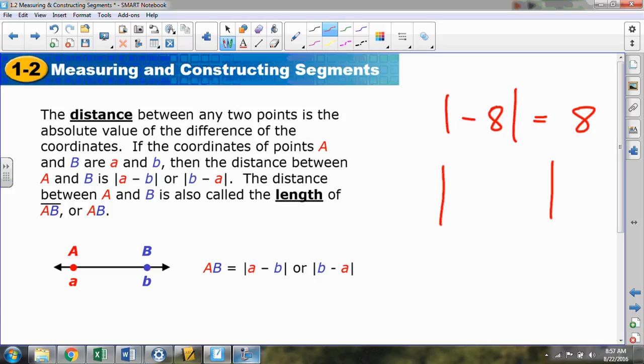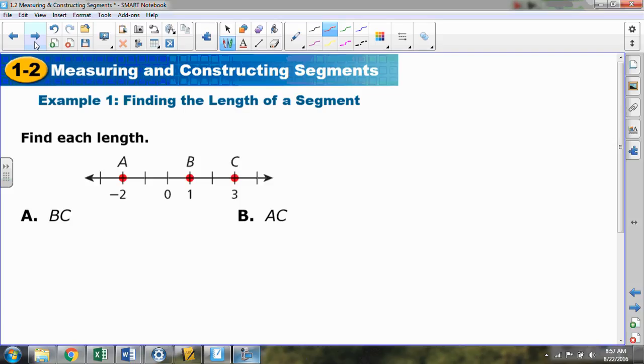Our advantage there is it doesn't matter if we wind up having a positive or a negative answer. When we're crunching our numbers, we know that distance has to be positive, and so we'll make it positive. For instance, here: find the length BC.